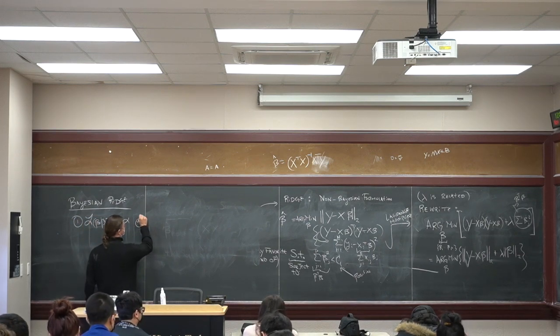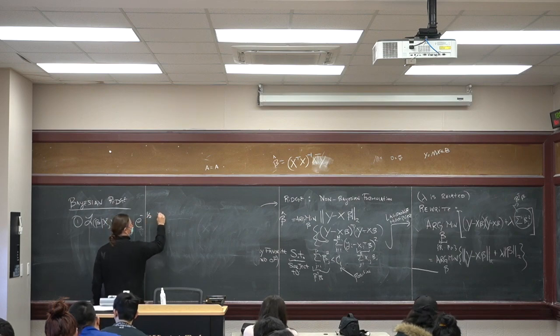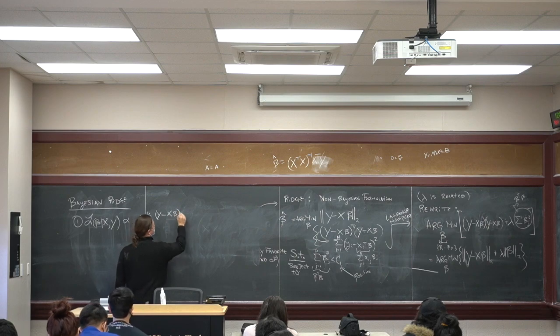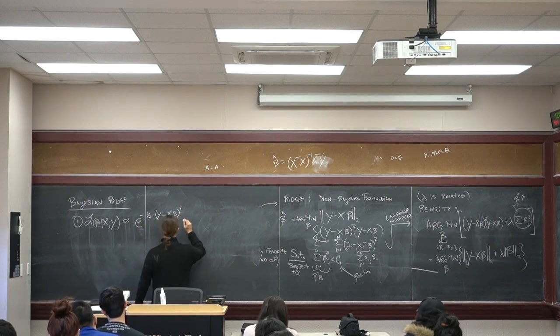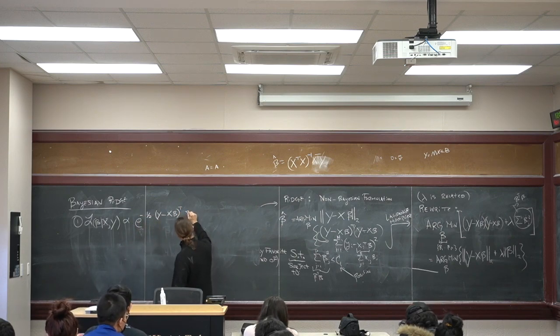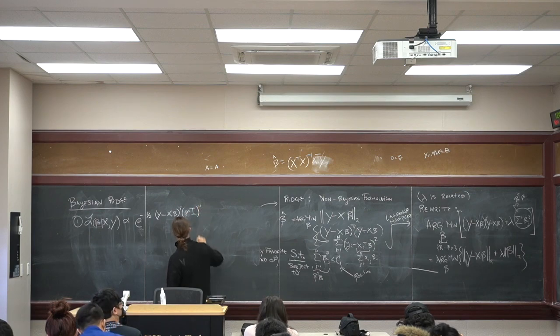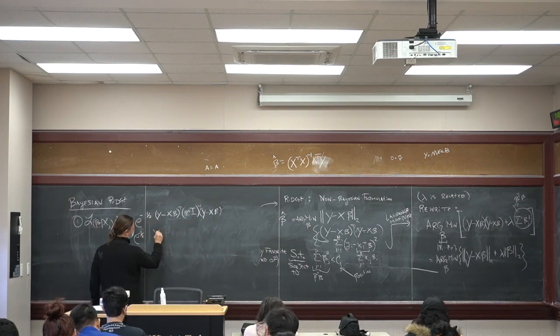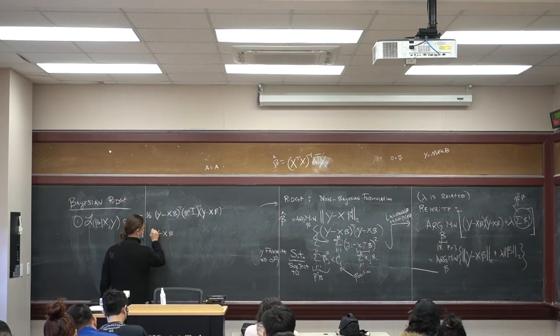So this is going to look like e to the minus 1/2 y minus x beta transpose times sigma squared I inverse y minus x beta. This thing is just e to the minus 1/2 y minus x beta transpose y minus x beta.